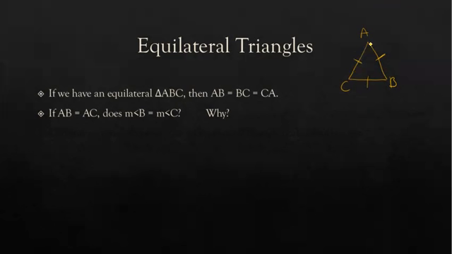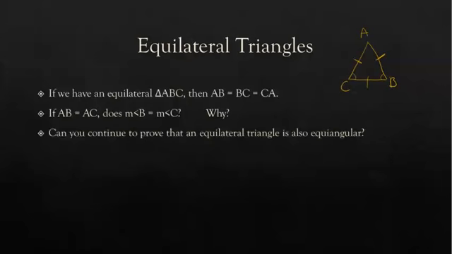Well, the isosceles triangle conjecture would tell us that these base angles would be the same. So could we keep going around this and make some more proofs out of this? If AB and BC are equal right here, then angle C would be congruent to angle A. And if we keep going, if CA is congruent to CB, then angle B is congruent to angle A.